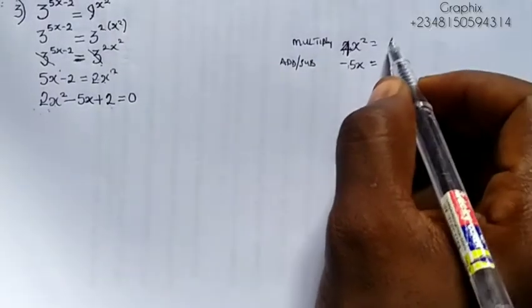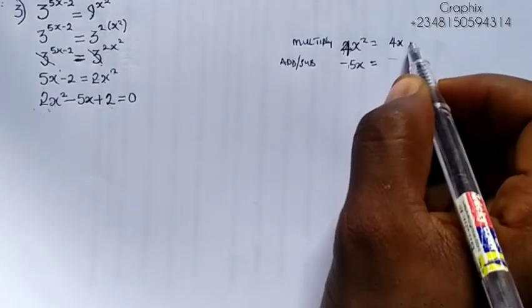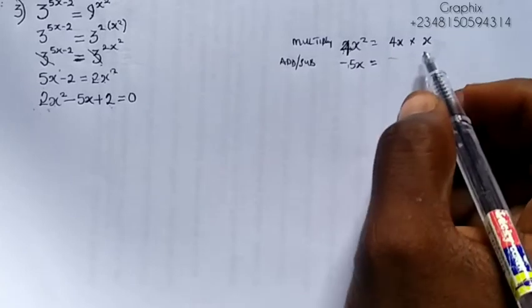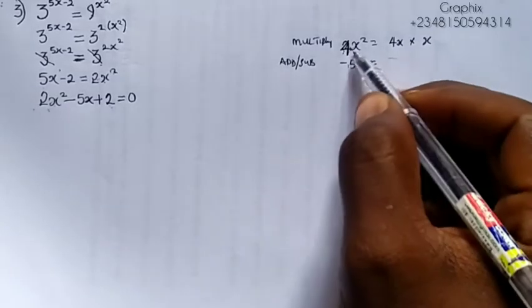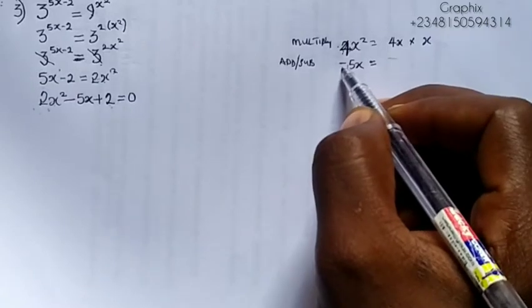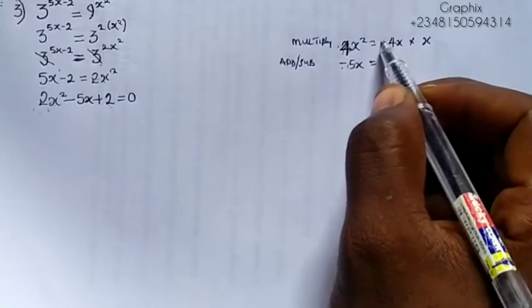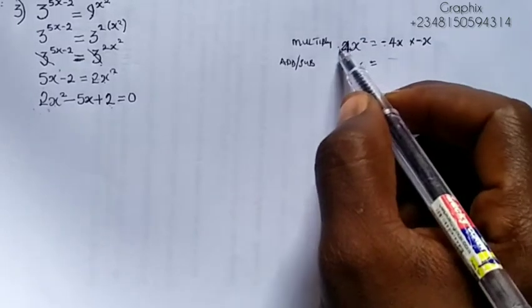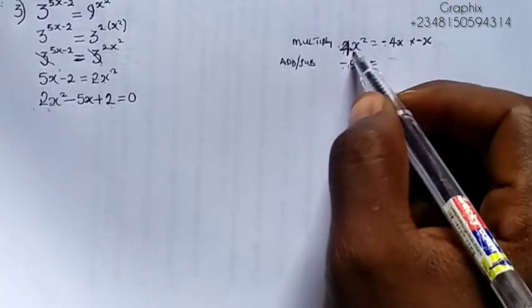Now I know that I have 4x times x, that is 1x. This 4 is positive, but this 5 is negative. So if I put a negative here and a negative here, minus times minus is plus. 4x times x gives you 4x squared.